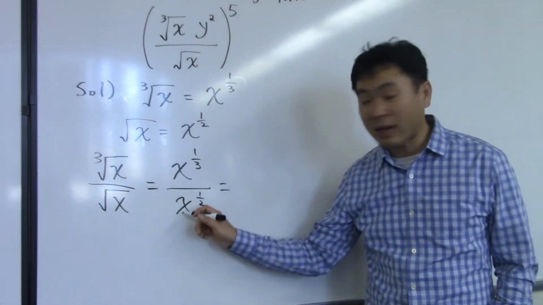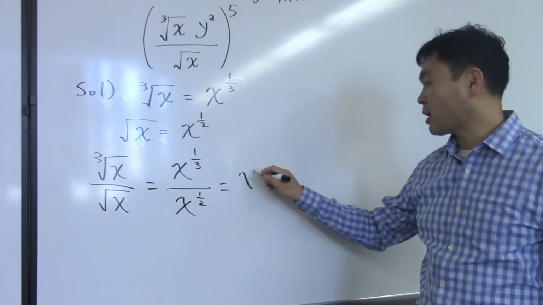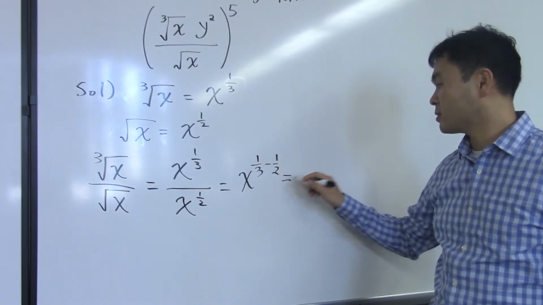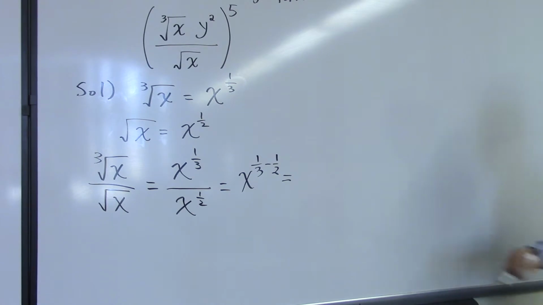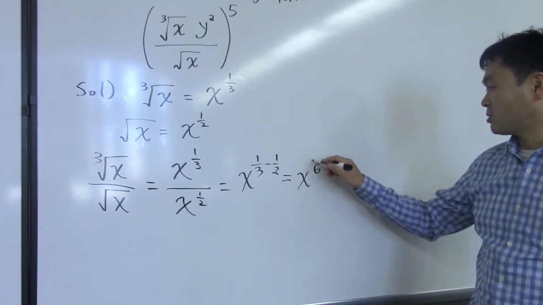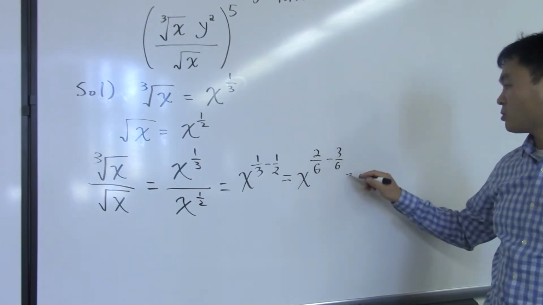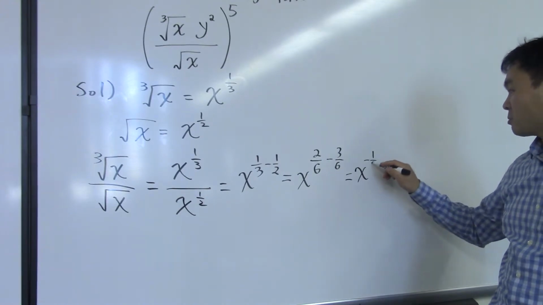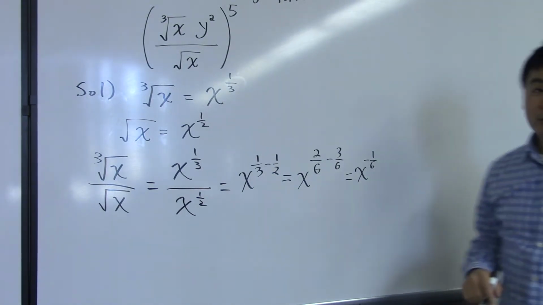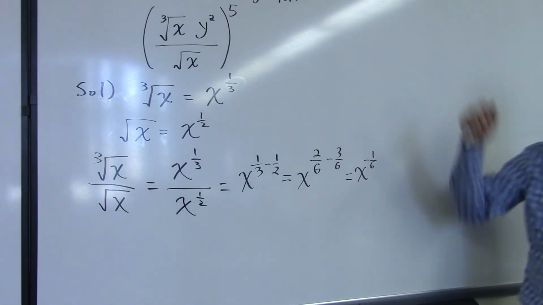If you have the same base and you have 2 exponents and you're dividing them, you have to subtract the 2. So that's the rule, 1/3 minus 1/2. And then how do you add 2 fractions? You need to make common denominators, so it's 2 over 6 minus 3 over 6, which gives you x to the negative 1/6 power. All right, that already is a lot closer to what we want to do.